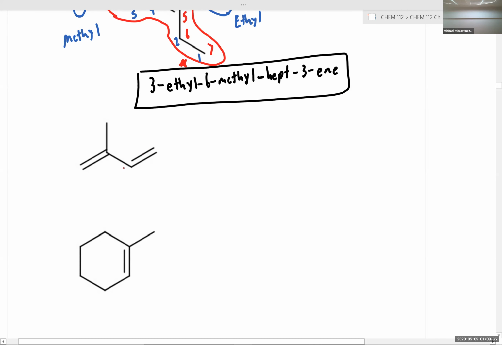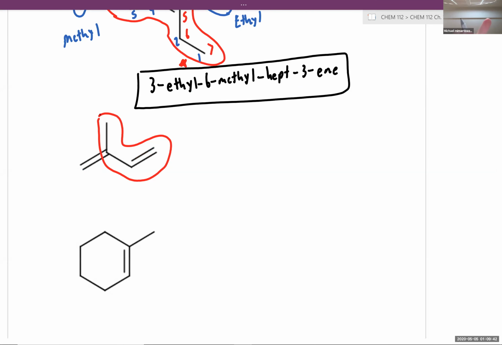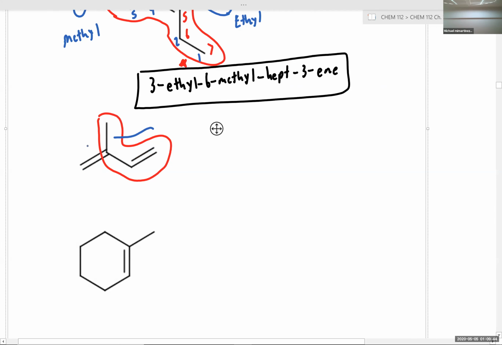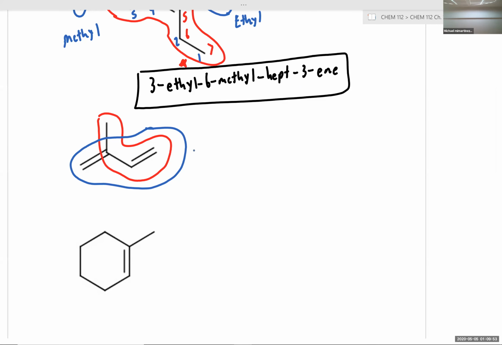Now, there is some debate that we need to consider whether the chain in red or blue should be chosen. My question to all of you is, following our rules, which chain should we write as our longest chain, red or blue? Blue, overwhelmingly.